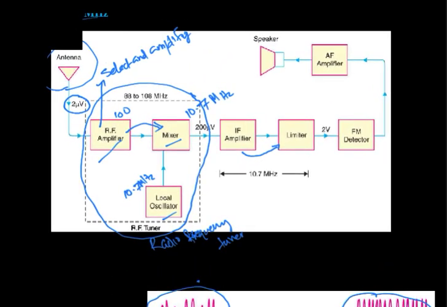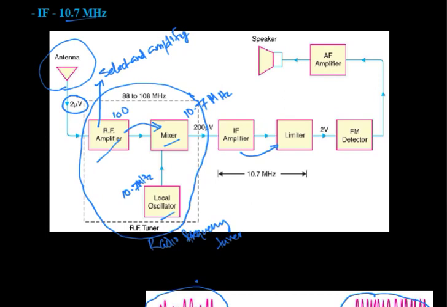The IF amplifier actually has a very high amplification factor. Here it is around 10,000, because 200 microvolt is the input of the IF amplifier, which gives a 2 volt output.